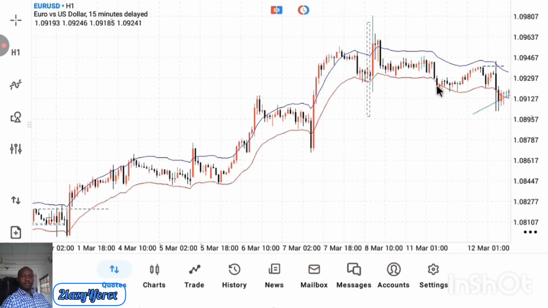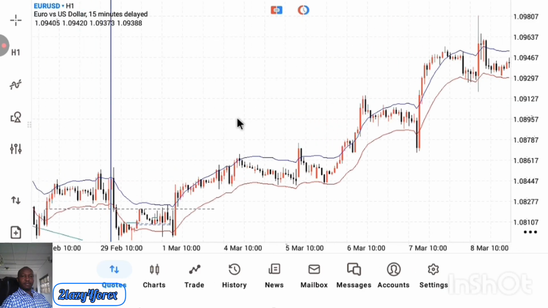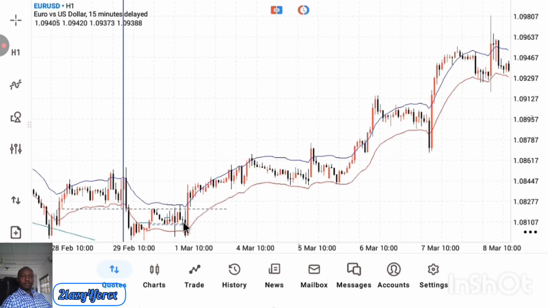Once you have a lower low close below the red band, that means the price is going into a pullback phase, and you don't need to sit and watch your profits disappear. So once you start seeing price do a lower low under the red band, get out of the trade, close your profits. But imagine what you would have gotten if you entered the trade here. You pull the trigger here and look at the potential. This is nice.